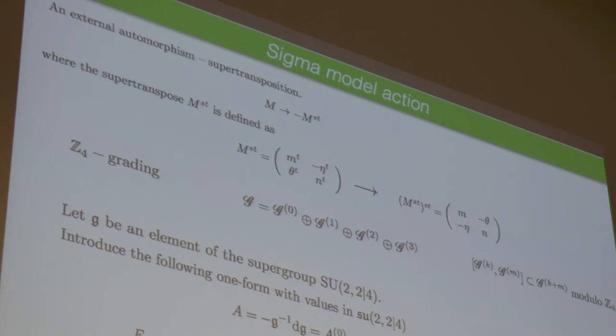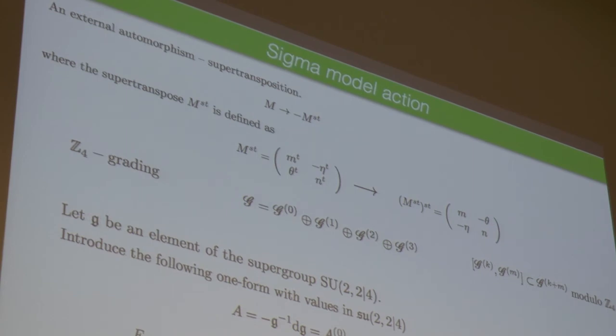So when you supertranspose twice, you don't return back. Usual transposition returns you back, but supertransposition squared does not, and you need to transpose two more times in order to restore the signs. So when you supertranspose the matrix four times, you return back.